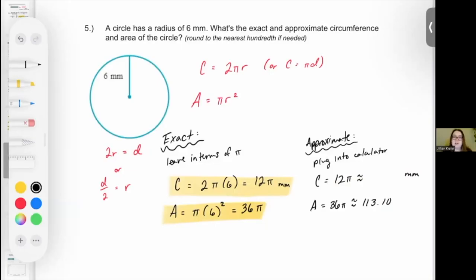So 36 times pi is 113.10. And when we calculate area, we took the value of our radius and we squared it, meaning that it will have the units of our radius squared. Same thing over here. This would be millimeters squared.